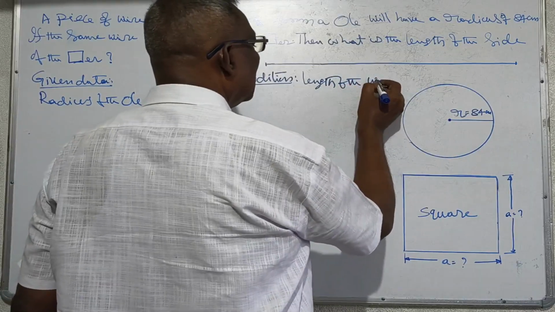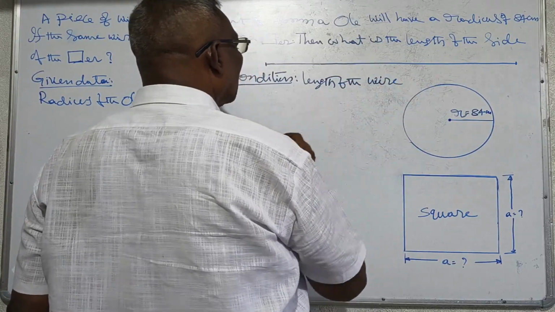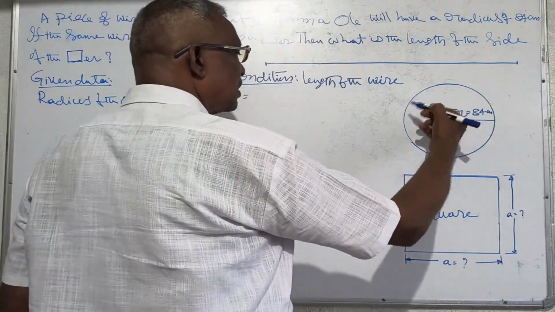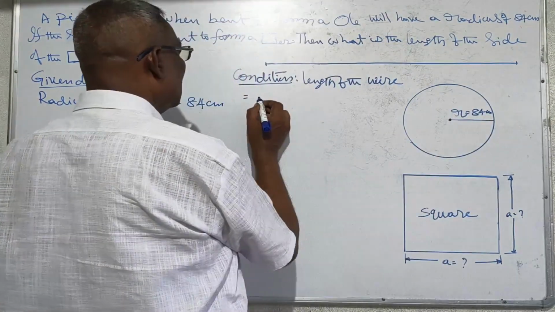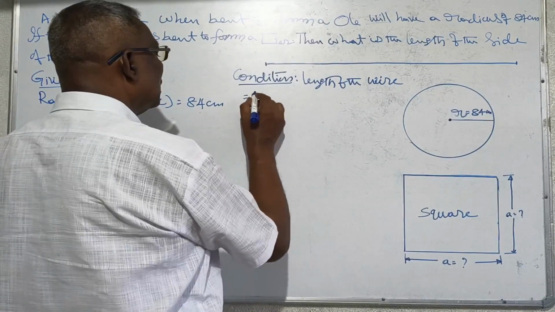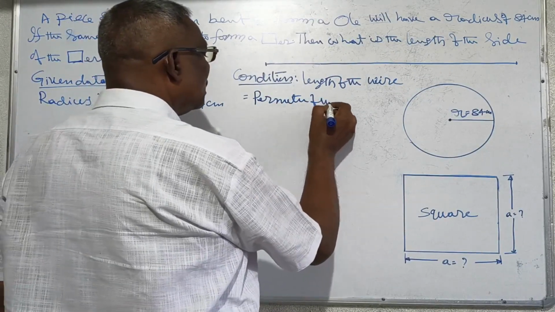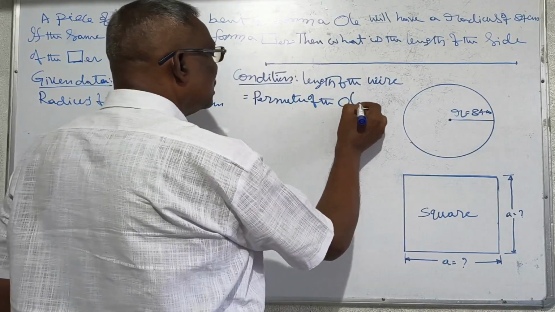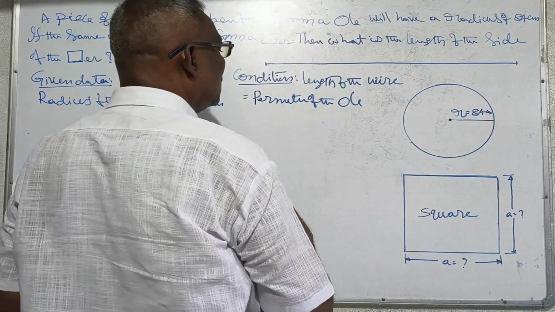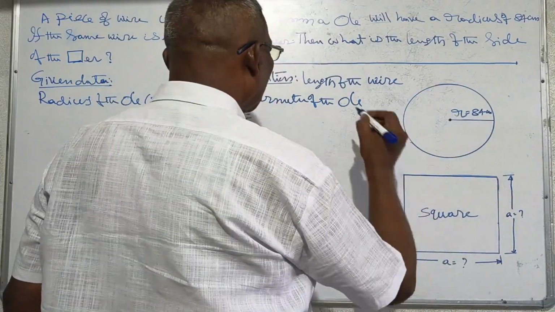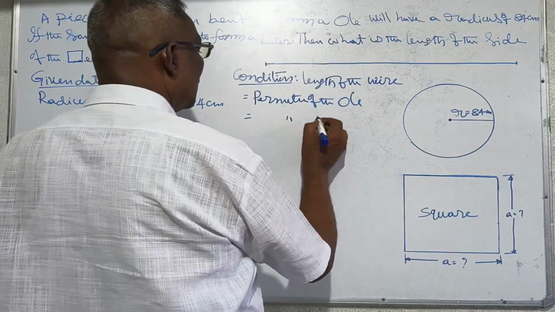Length of the wire is equal to the circumference of the circle, that is the perimeter of the circle, that is equal to the perimeter of the square.